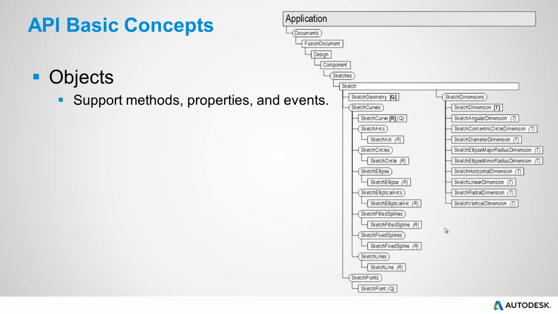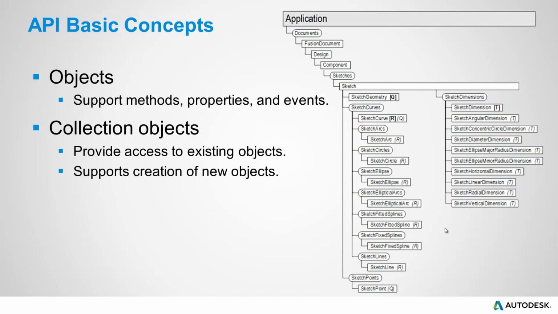All right, now I want to look a little more at some basic concepts of this API, looking back at this object model that we looked at briefly before. Every box in here represents an object, and every object can support methods, properties, and events. And there's a few objects in here that we call collection objects.